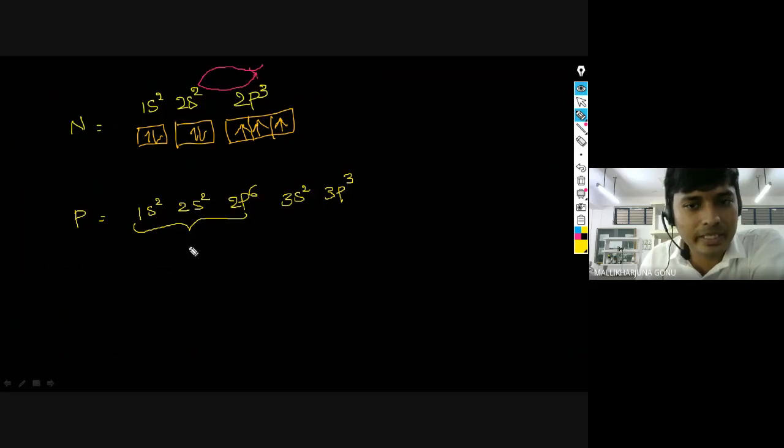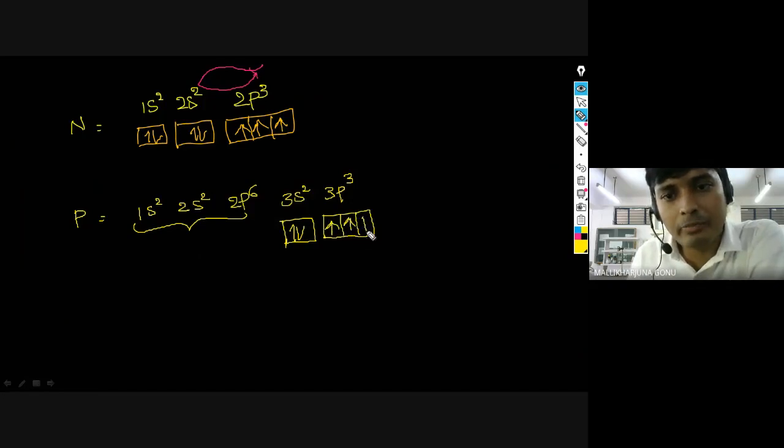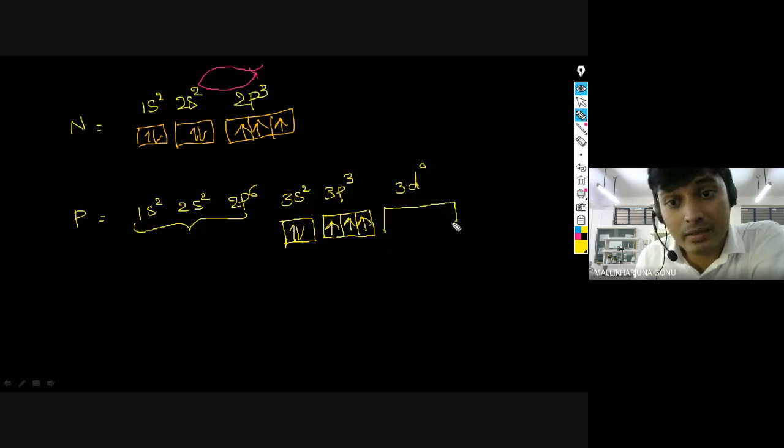They will not participate in the reactions. 3s2 means here, this is 3s2, 3p3. Other orbitals also will be present, though electrons are not present. Which orbitals will be present after 3p, Vidisha? 3d. Very good. 3d, which has 0 electrons. Electrons are not there.